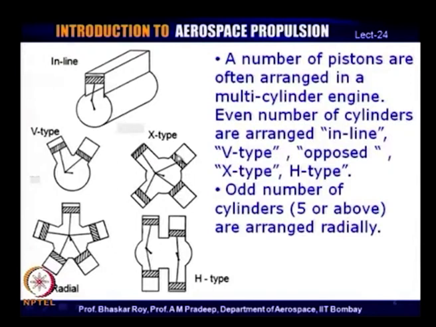Whereas in the X type, each of them has a different stroking arrangement. So, the strokes are essentially staggered in time, so that the supply to the central crankshaft occurs in a time staggered manner, and almost at every split second there is a power stroke being supplied to the main crankshaft.